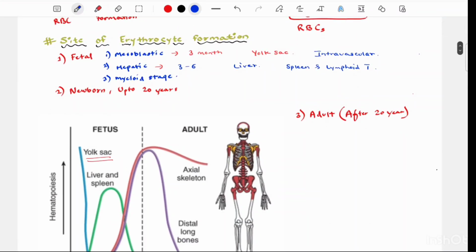Now the third stage, that is myeloid stage, during the last 3 months, 6 to 9 of intrauterine life, red blood cells are produced from red bone marrow, and few of the red blood cells are produced from liver also. Majority it's red bone marrow.